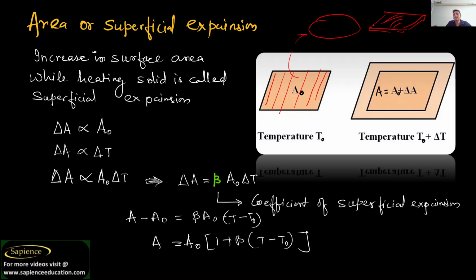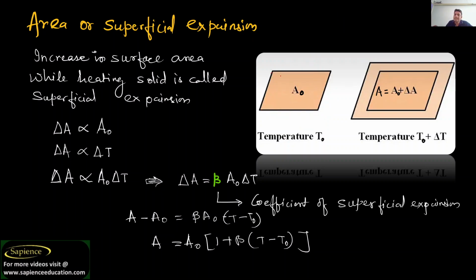Now if you increase the temperature, if you heat this body, what will happen? It will try to expand in all directions. Basically it won't expand in the thickness because its thickness is very small, but side by side it will increase. If this is your initial figure and this is your final figure, what do you observe?